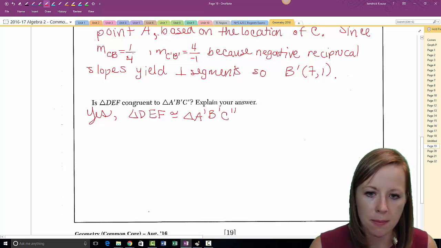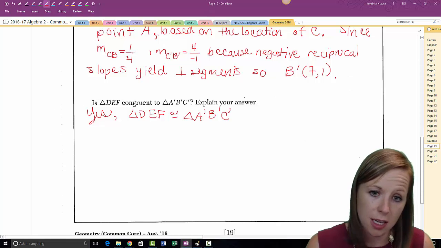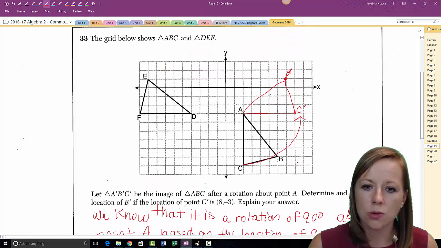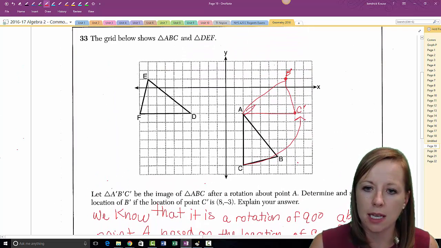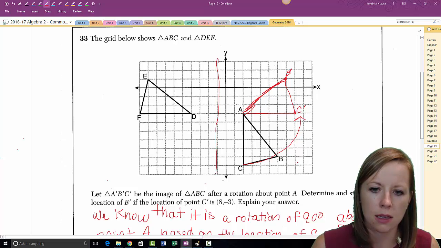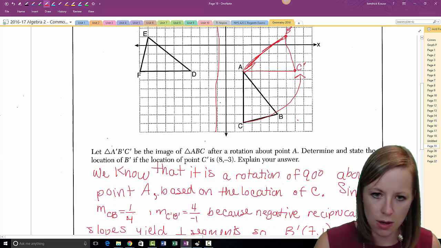Oh, not C double prime. C prime. Oh, and I was just thinking about the transformation. DEF is what in relation to A prime, B prime, C prime? It's reflected, right? It's a reflection over, I don't know, 1, 2, 3, 4, 5, 6. So over this line, if you can see it.